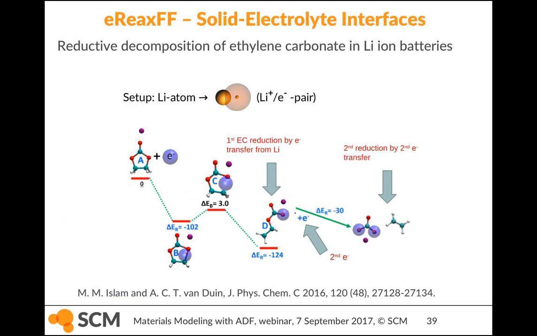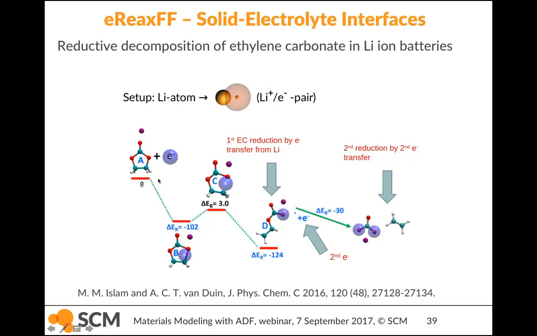electrolytes, or the solid electrolyte interface to be more precise, which is where you want to get a handle on how the lithium interacts with the electrolyte and what kind of processes are taking place there, and how you can make sure that your electrolyte is not being terrorized, so to say, by your electrons.